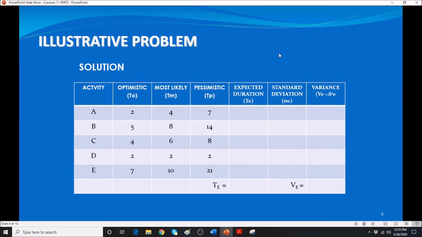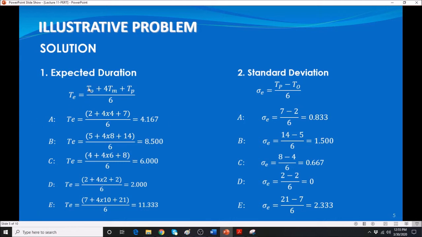All right, so these are the three columns that we will be filling up. Okay, and to calculate that for each given activity, this is our formula to be used. It is just the average, and you will notice that we have here divided by 6 because we have weight 1 for your TO, 4 times your TM, and 1 for your TP.